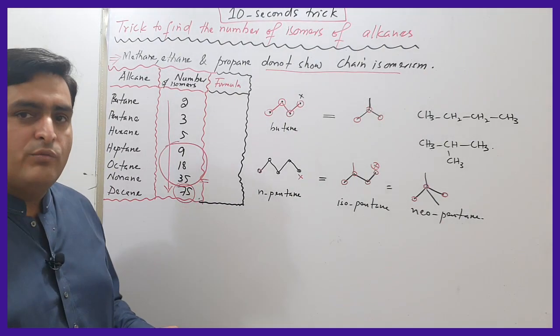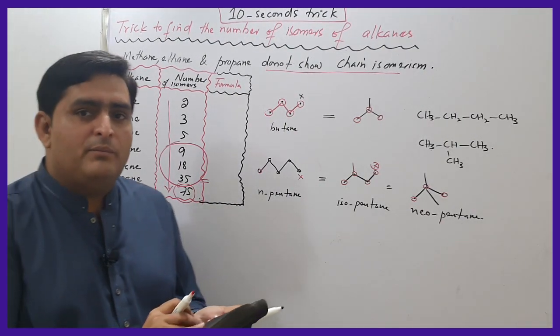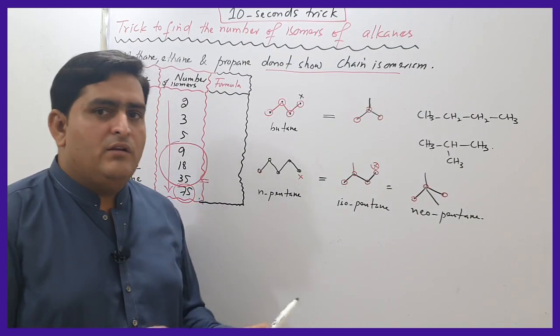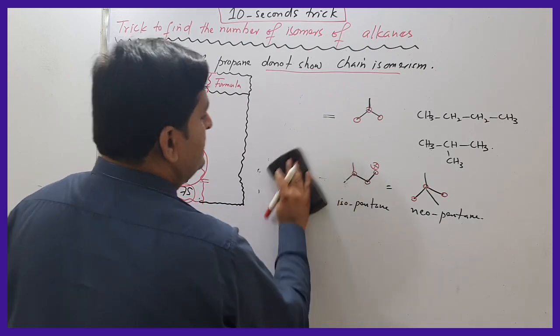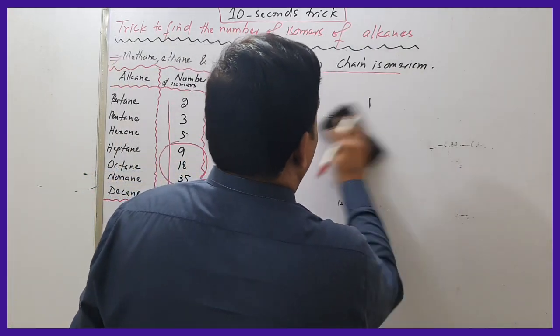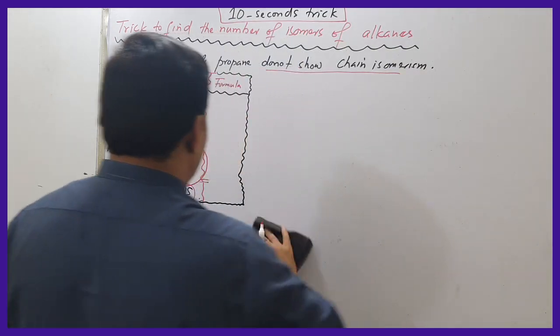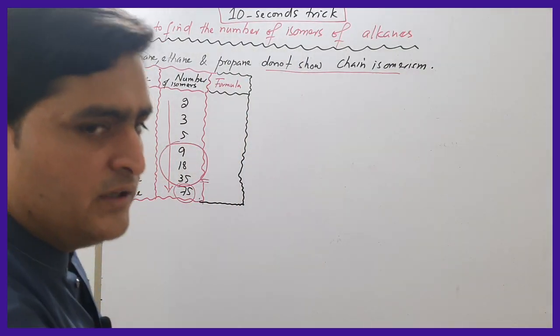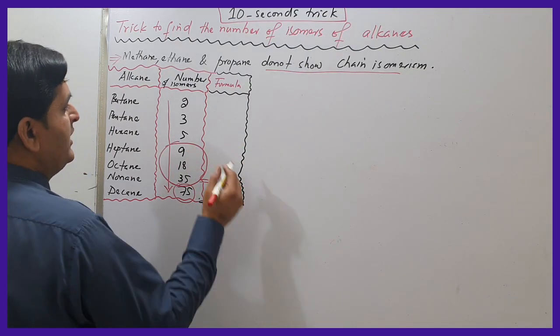There becomes a problem. So to solve this problem and confirm your answer, we have some tricky formulas. There are 3 formulas to memorize all these within 10 seconds, or to confirm your answer within 10 seconds.